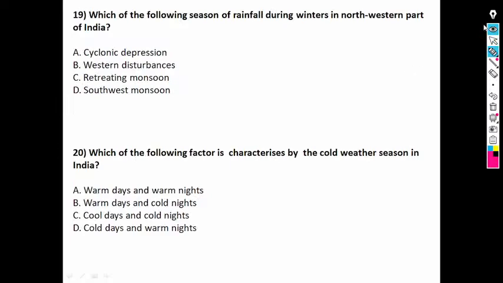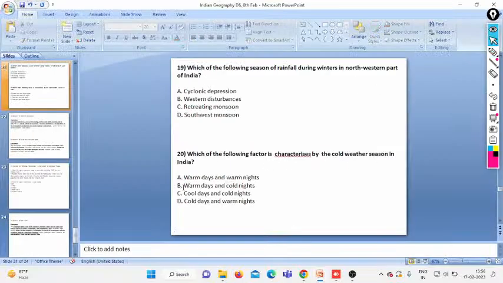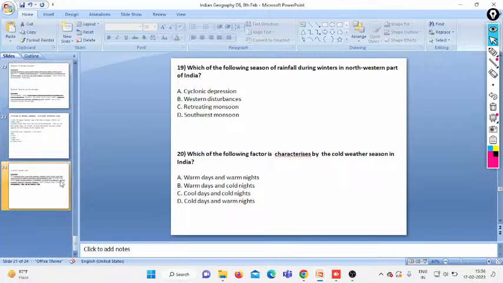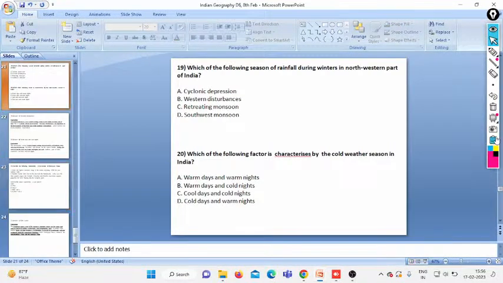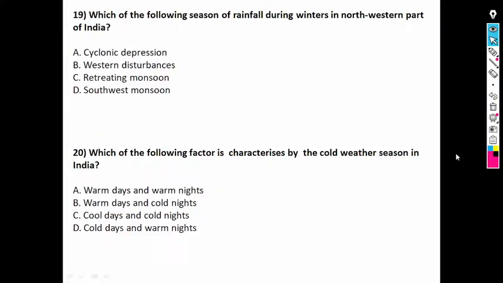Next, just a minute. Sorry. Next, which of the following seasons of rainfall during winters in the northwestern part of India?